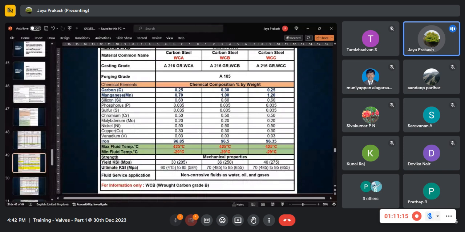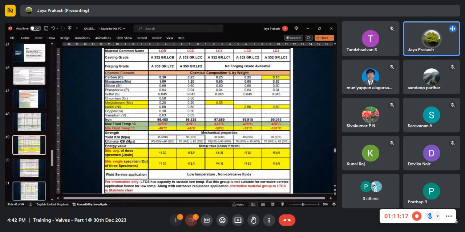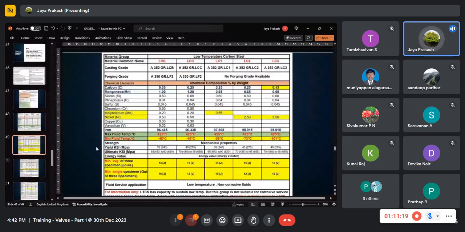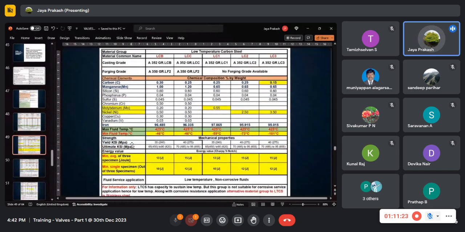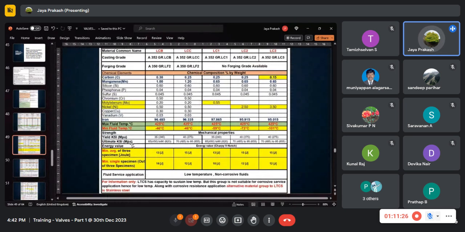And here is low temperature carbon steel material, LCB, LCC, and other materials. Here the notch toughness requirement is also given, Charpy V-notch toughness, and the application is low temperature non-corrosive service.